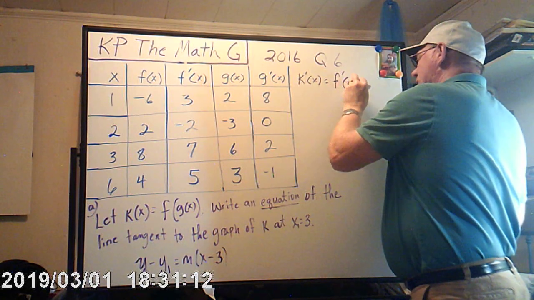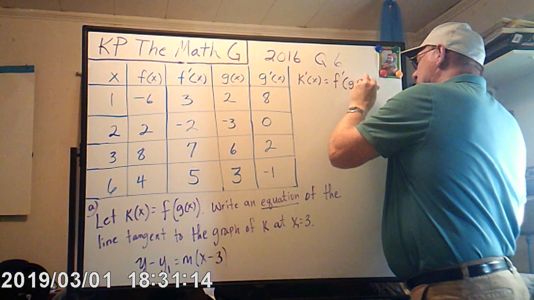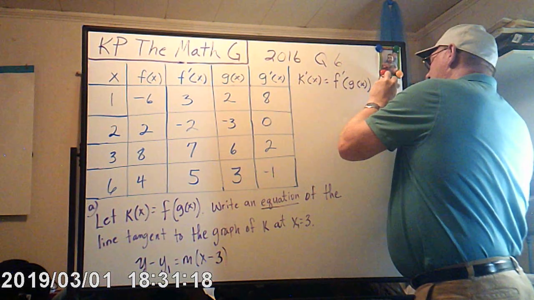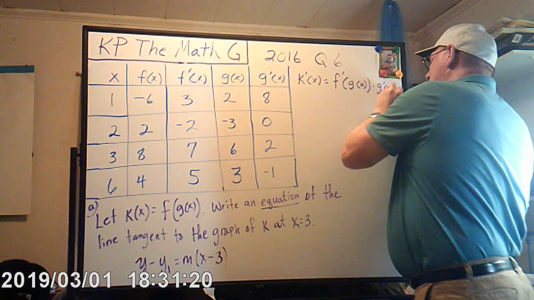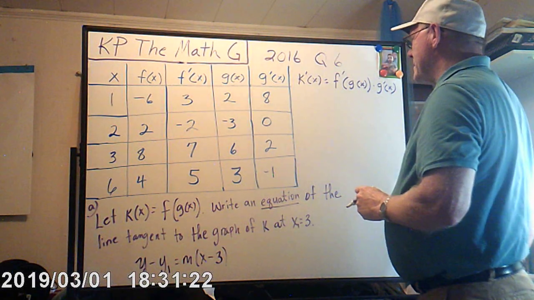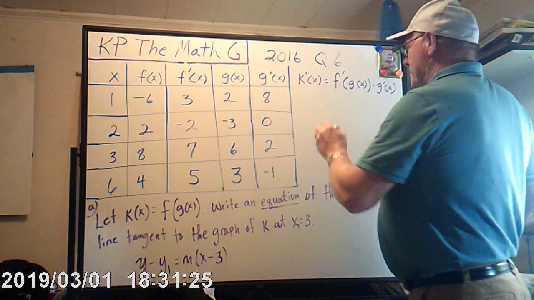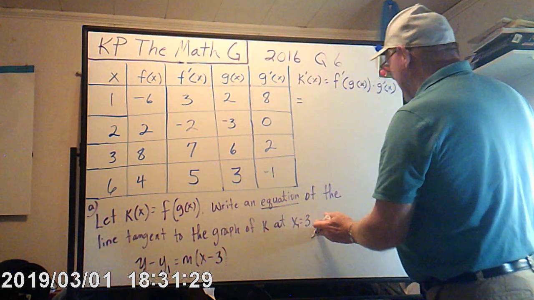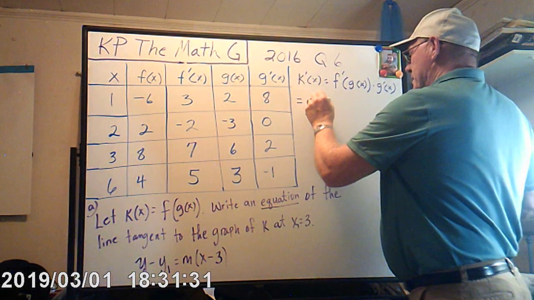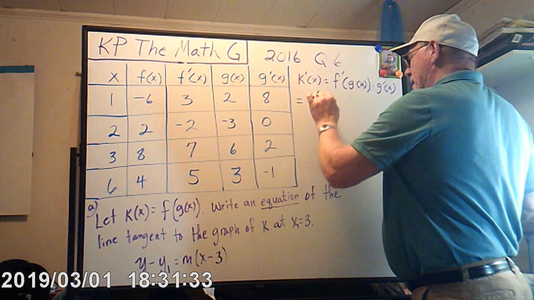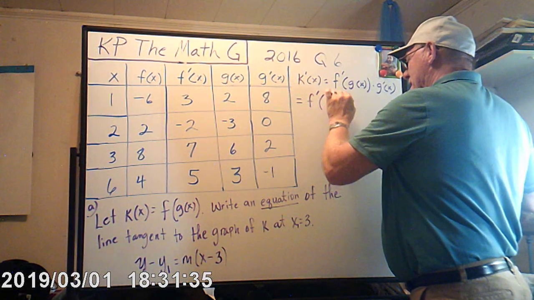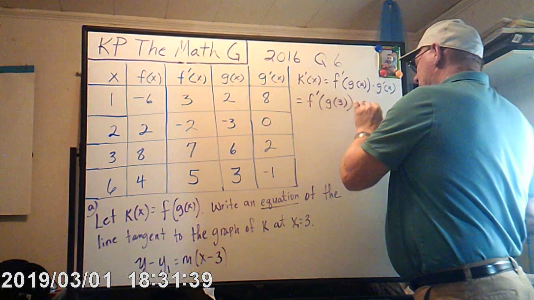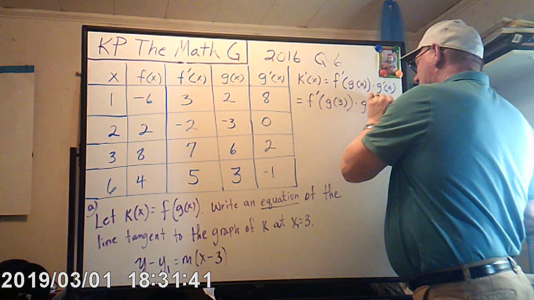You leave the inner part alone, and then you take the derivative of the inner part, like that. Now, since we're dealing with x equals 3, this equals f prime at g at 3 times g prime at x.